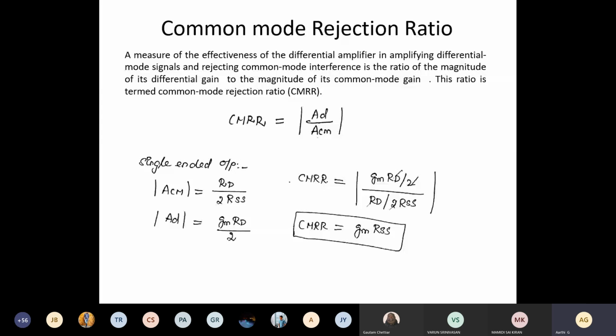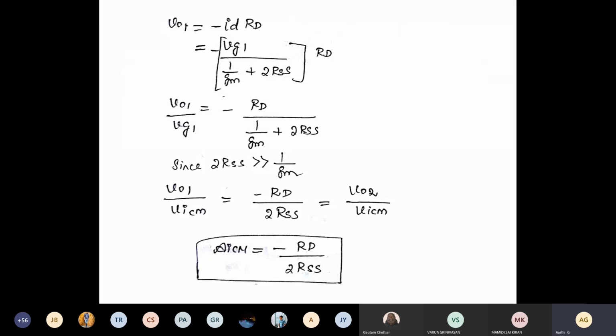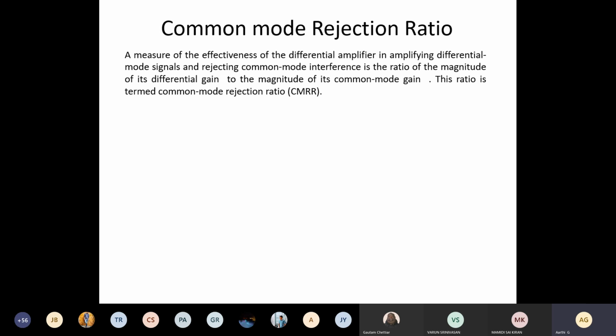Now we calculate the common mode rejection ratio. Have you noted the expression ACM equal to minus RD by 2 RSS? We have already discussed the common mode rejection ratio.